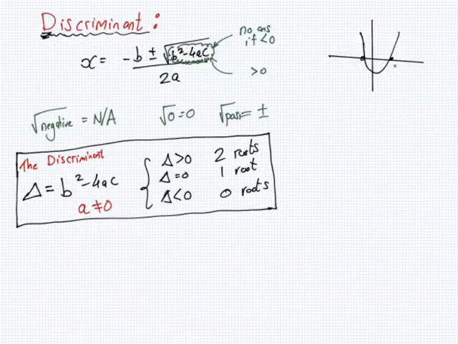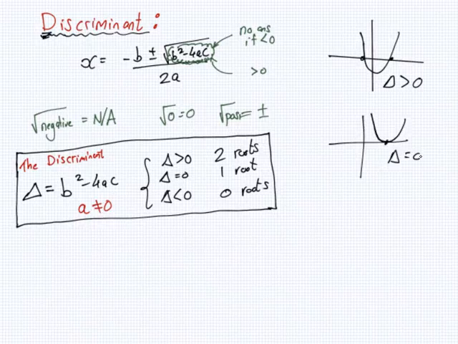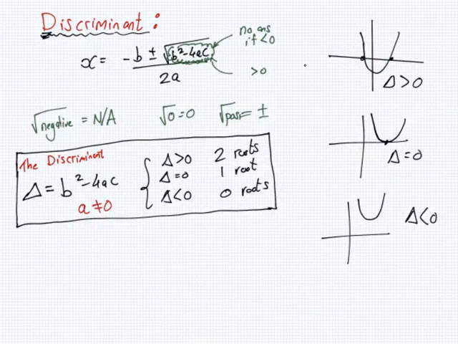We have 2 roots when the discriminant is positive. This is the situation when the discriminant is 0, and this is the situation when the discriminant is negative, that it doesn't cross the x-axis. So 2 roots, 1 root, and no roots then.